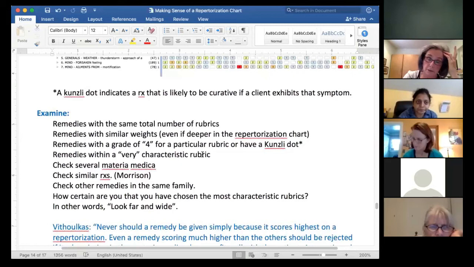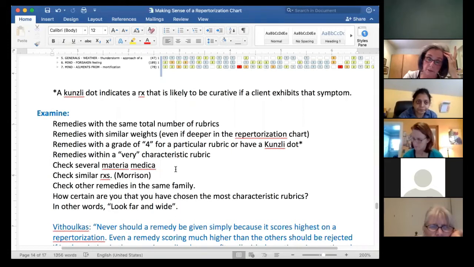So then go to your repertory and look at that rubric and look at the remedies that are in that rubric, because something may pop out at you, something that you haven't considered before and didn't show up in your repertorization may grab you and say, oh, wow, I need to look at that. And sometimes that opens up the whole case, and it's just a match. You just know it's a match.